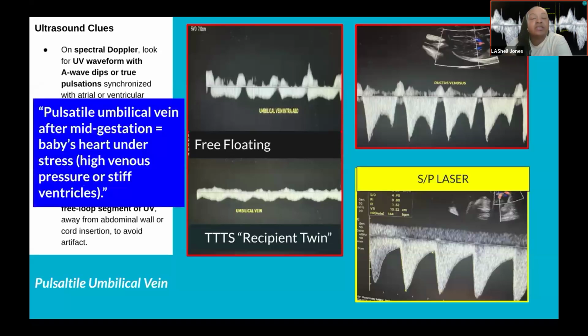So if you notice any pulsatile umbilical vein after mid-gestation, that usually indicates the baby's heart is under stress, high venous pressure, or the ventricles are stiff. Okay.